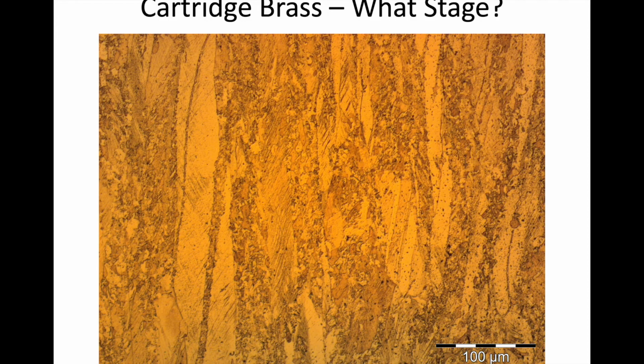All right, here's another image. So this looks similar to the first one I showed you. You've got these long grains, but one thing you'll notice is all of these very small features that we see. It almost looks like confetti. These are new grains forming. So this is something that's been cold rolled, right?